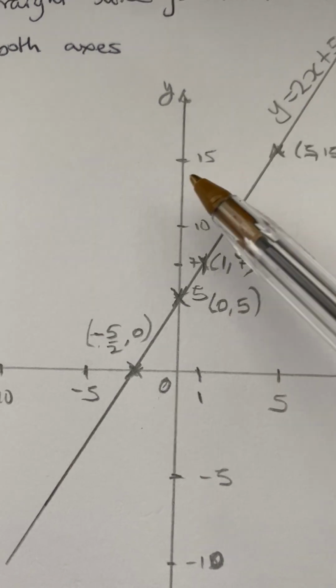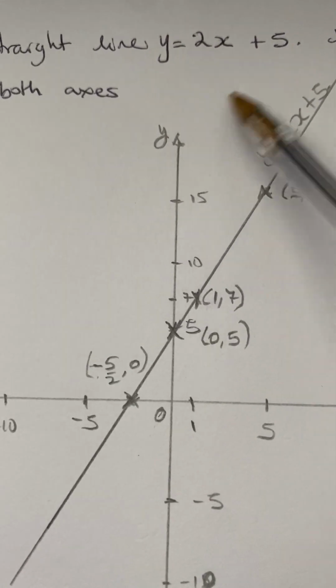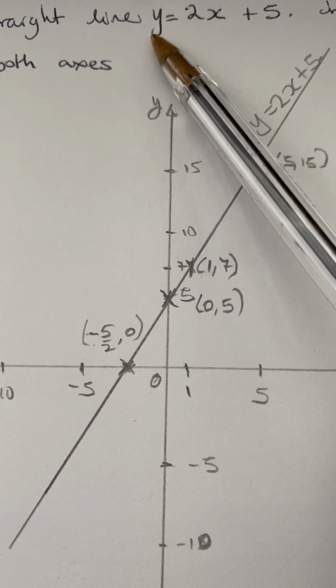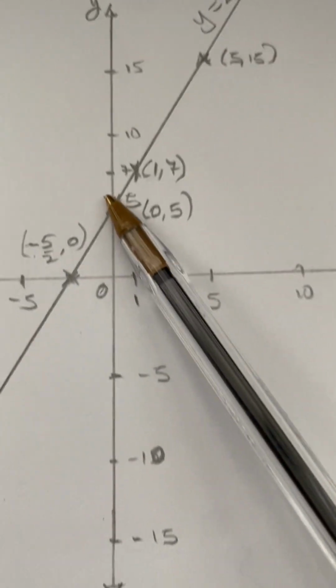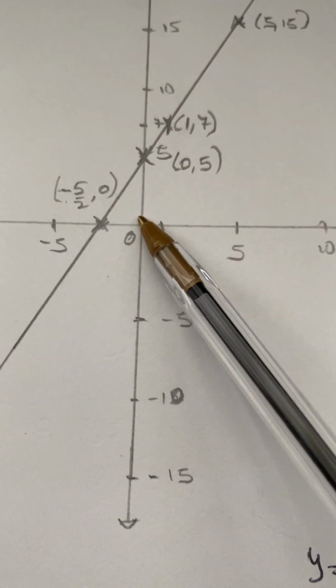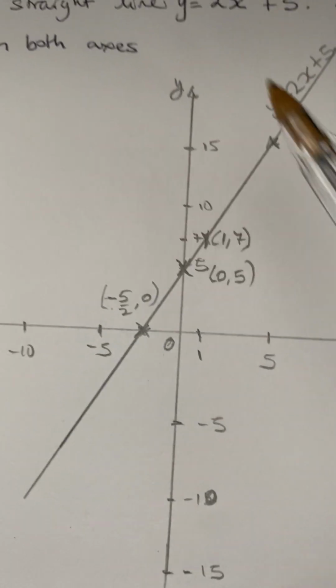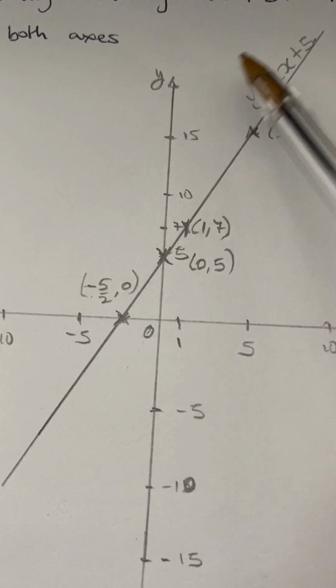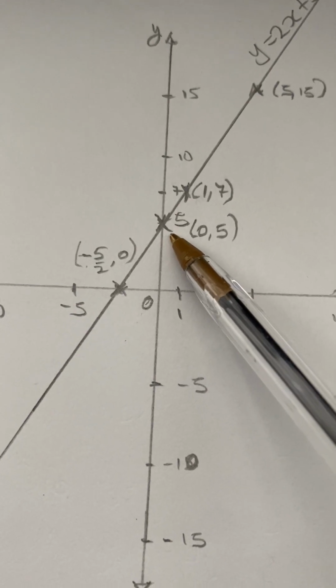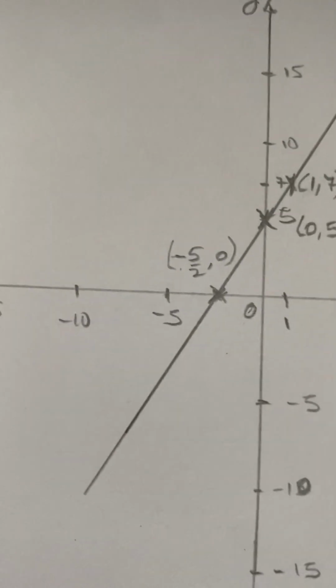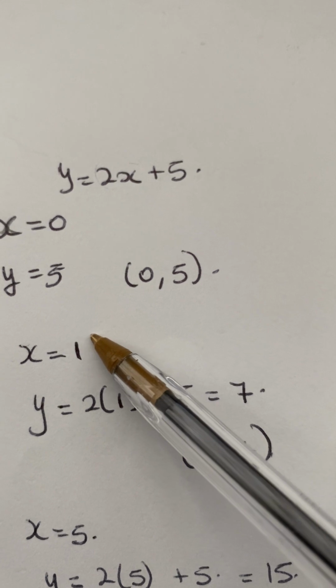So I need to use the formula I've been given. So what am I going to do? I know when x is 0, y is 5 from the intercept. So that will be my first point. Then what about when x is 1?